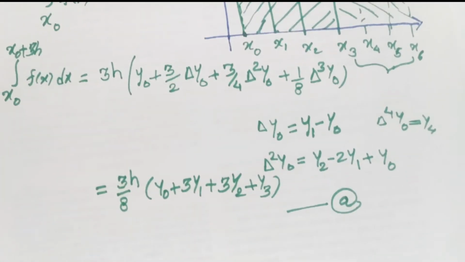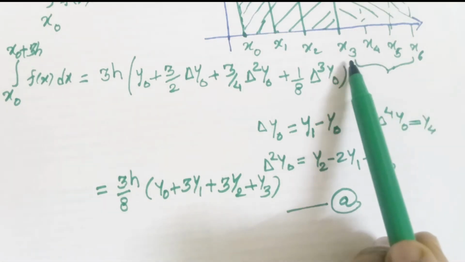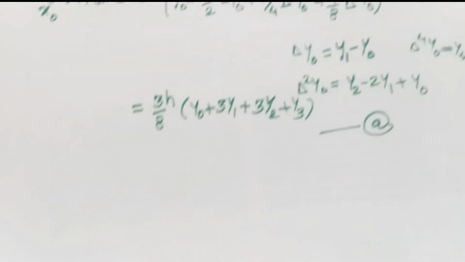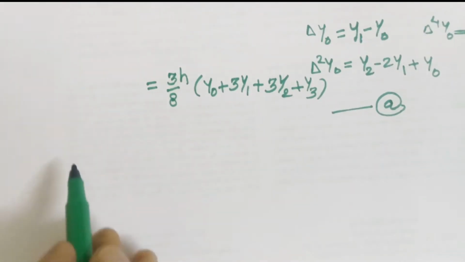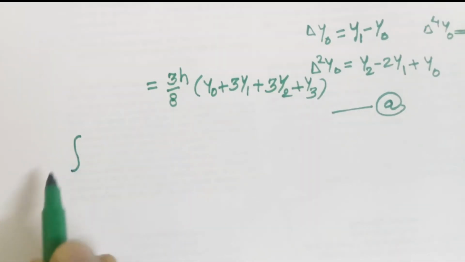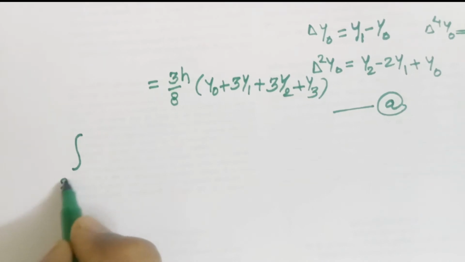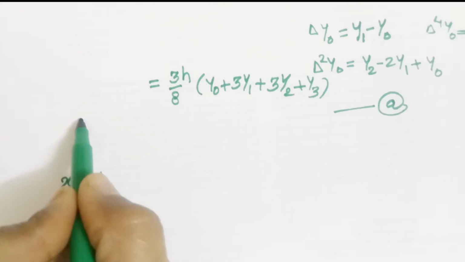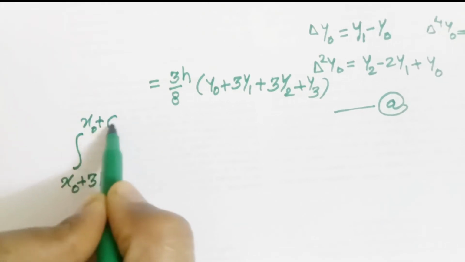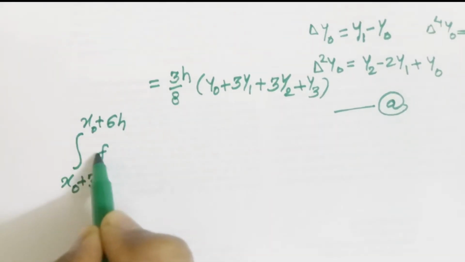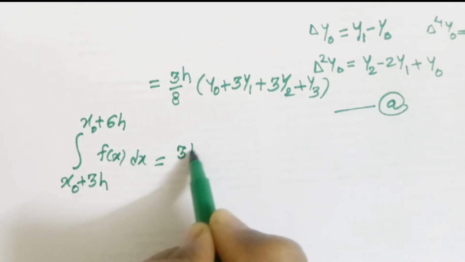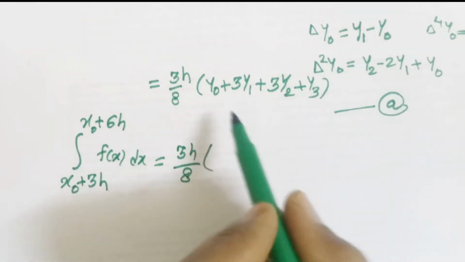So we get the integration from x3 to x6. Here x3 in the form of x0 and h is x0 plus 3h, and x6 is x0 plus 6h, f of x dx. Therefore 3h by 8 is as it is.